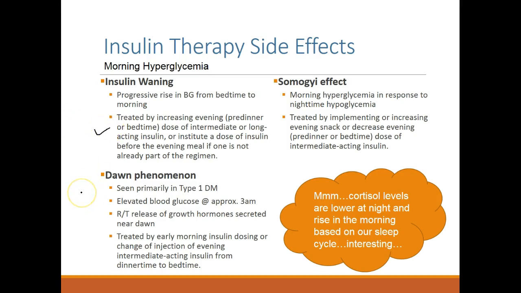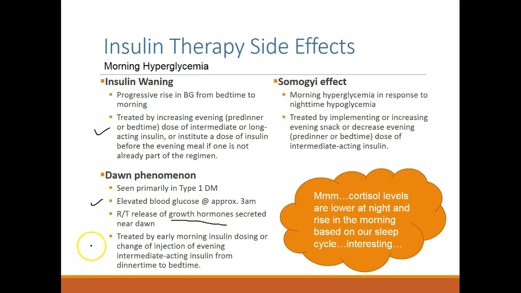The dawn phenomenon happens a lot in our type 1 diabetics. Again, it has a lot to do with circadian rhythms, hormones, and cortisol changes. They usually have elevated blood glucose around 3 o'clock, and again it's with growth hormones around dawn.